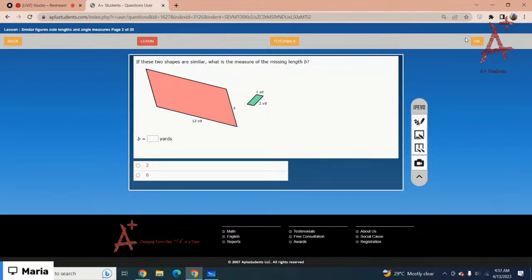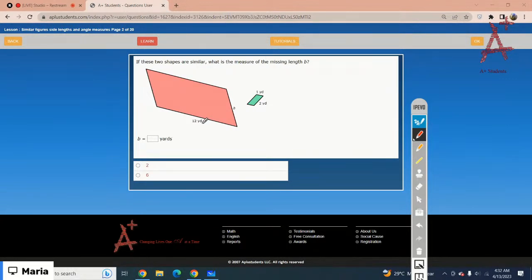Okay, if these two shapes are similar, what is the measure of the missing side length? You have to calculate the measurement of the missing side length. That would be exactly the same as what I just did. Just form a ratio between the similar sides. It would be, these two sides are similar, so 12 over 2, and these two sides are similar, so b over 1.